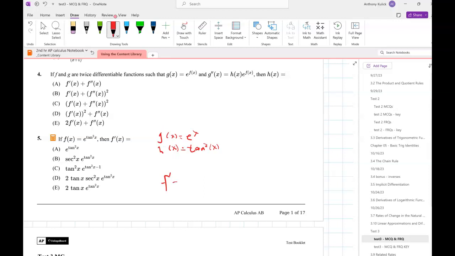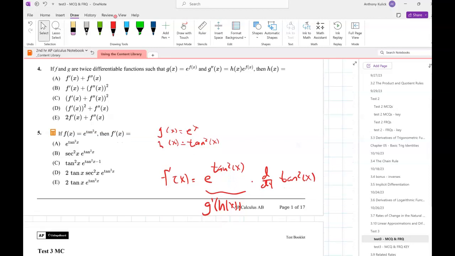So if I do f prime of x, the derivative of g is just e to the x. So there's my g prime of h of x. And then times I have to do the derivative of tan squared x. Well, that requires a chain rule. So there's another chain. This is like two linked chain rules.